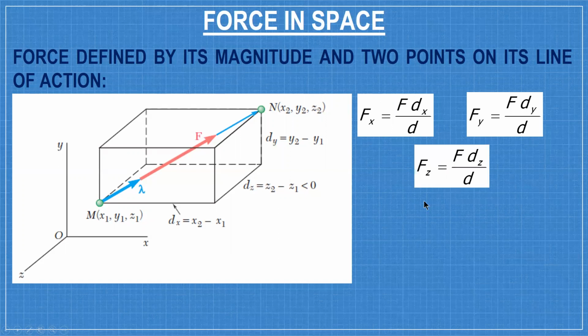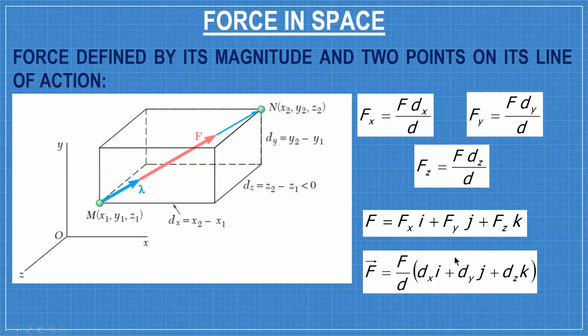The third one is Fz. Then you get the three components in vector form, this one. And if you substitute the expressions of Fx, Fy, and Fz there, you can see that F over d is common. So you factor it out.